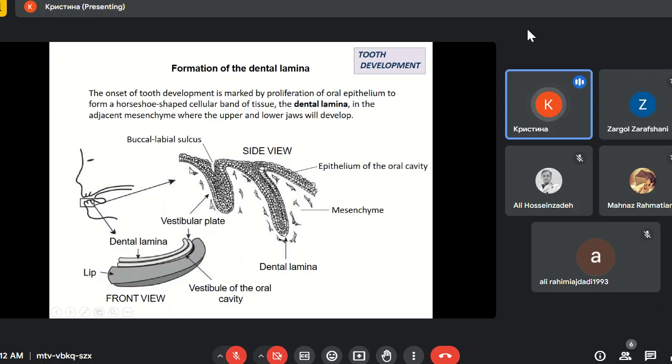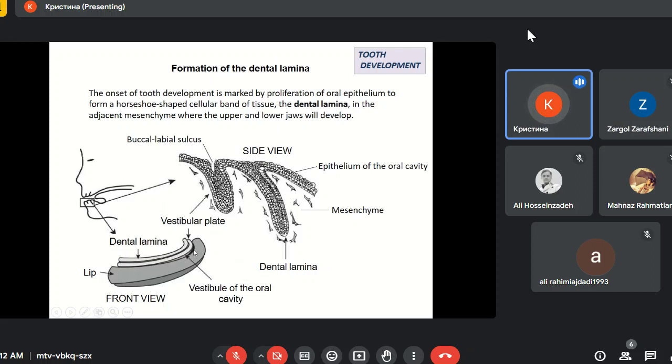The first invagination is called the buccal labial sulcus. It will form the vestibular plate, which later develops into the buccal labial sulcus, and it will form the vestibule of the oral cavity. The vestibule is the small space between the teeth and the lips.